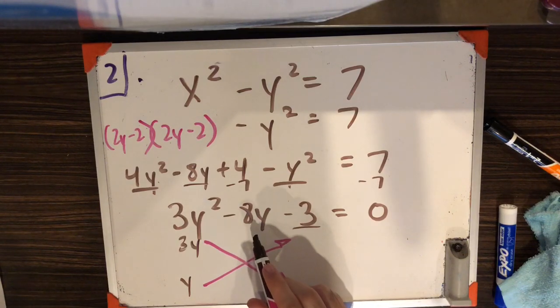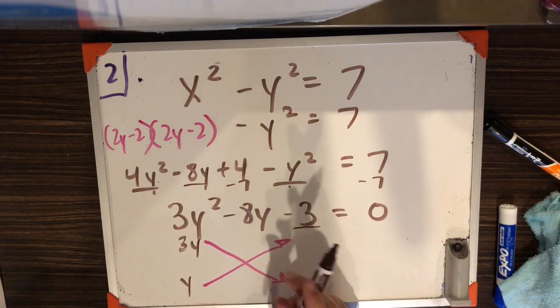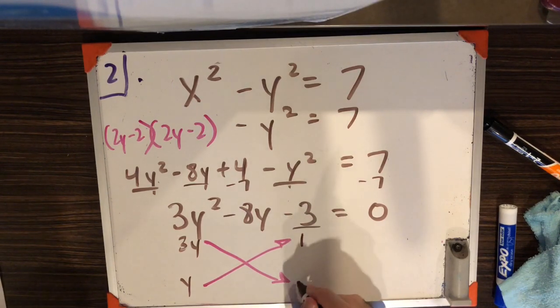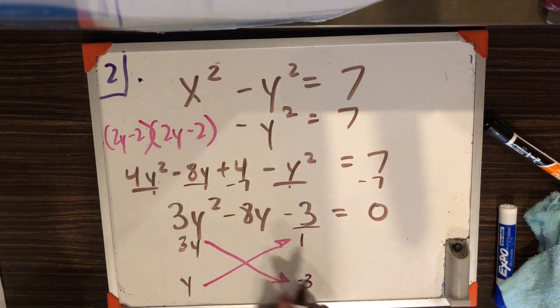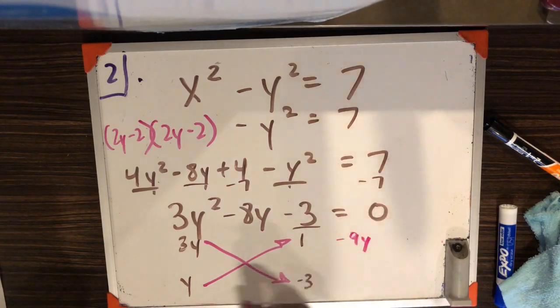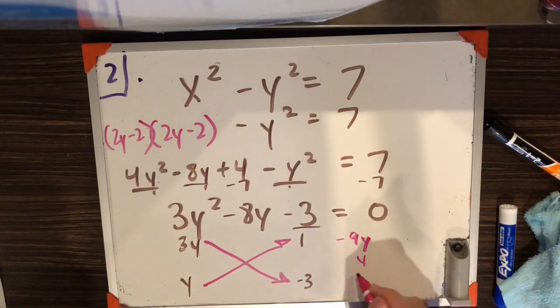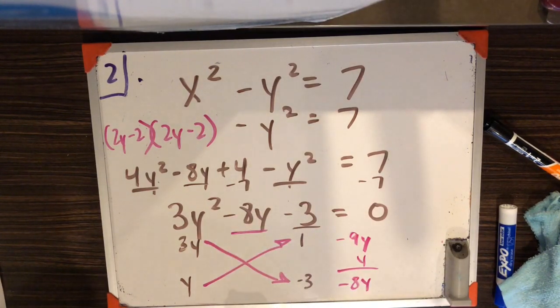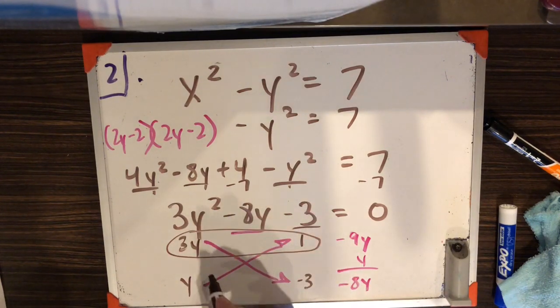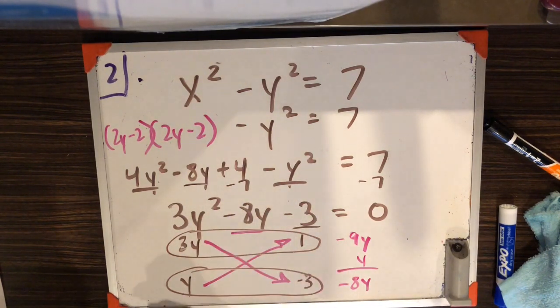Okay, so let's try out 1 and negative 3. 3y times negative 3, that's negative 9y. y times 1 is y, that would end up being negative 8y. That's exactly what we needed. So our factors are 3y plus 1 and y minus 3.